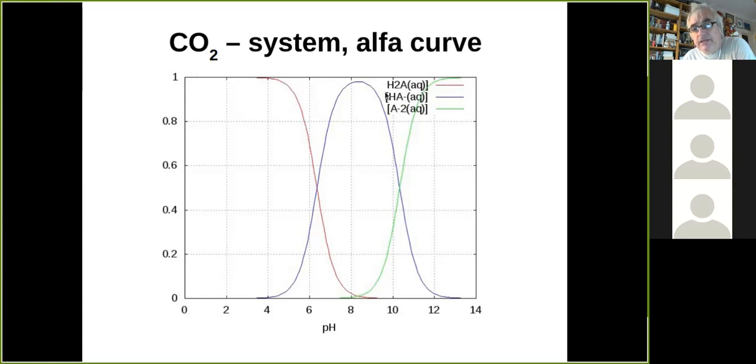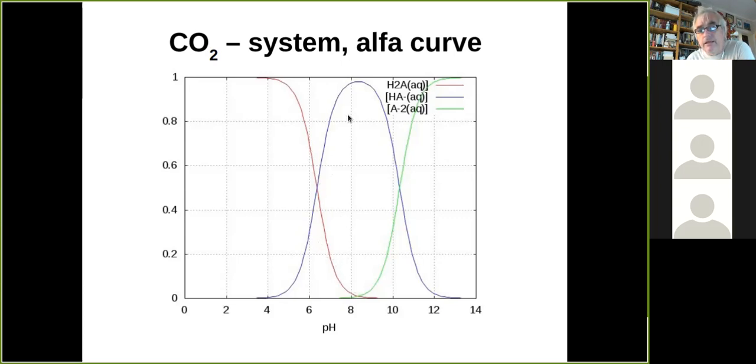The red one means H2A, the diprotic acid. At 6.35 is the first pKa value for carbonic acid, and then the carbonic acid will decrease all the way.